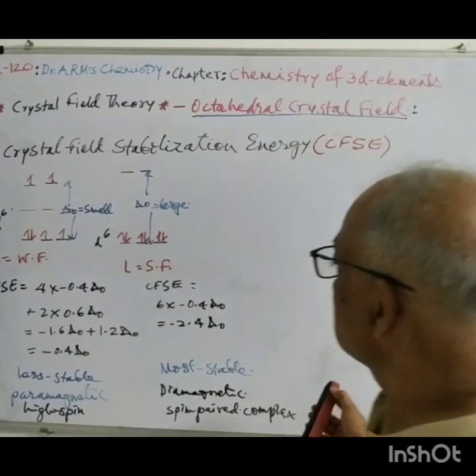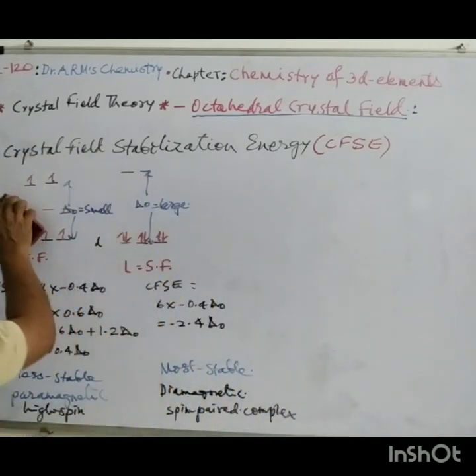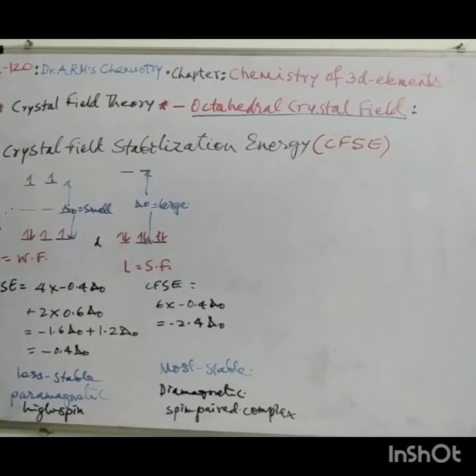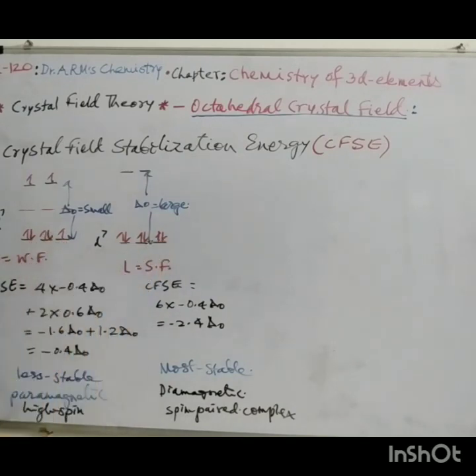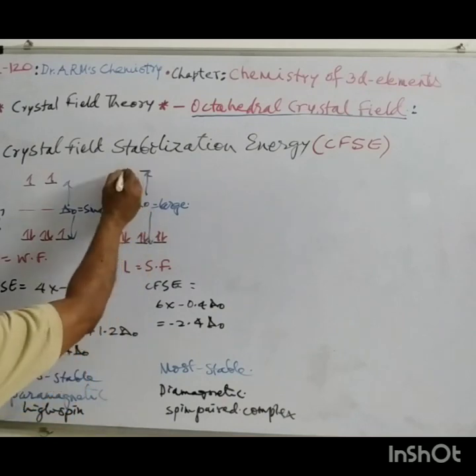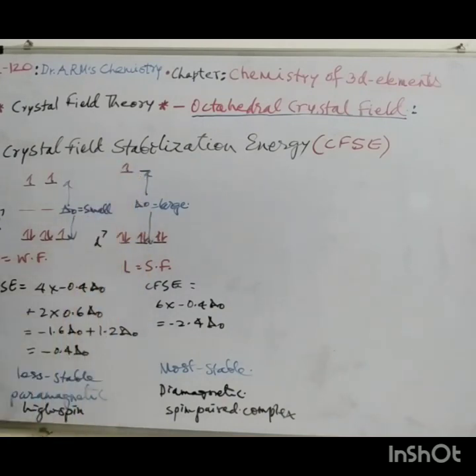Now we will see another example, that is the d7 configuration. Here you will find that the next electron will go here. In this case, there is no place for any more electron in t2g, so the next electron will go into eg. And in that case, you will find that the CFSE is changing. So what will be the CFSE?